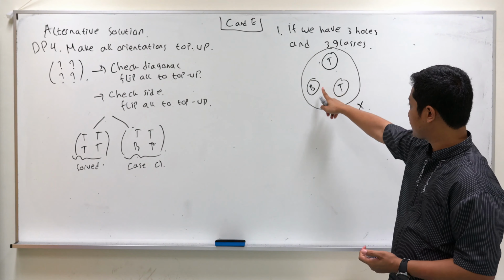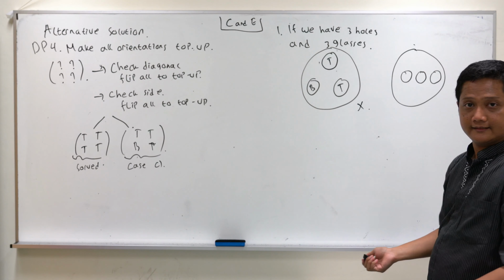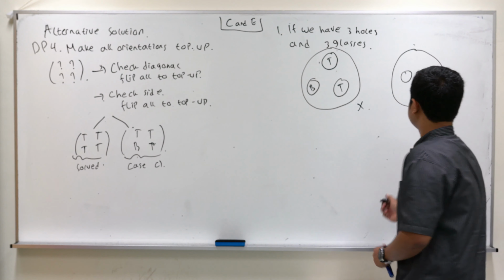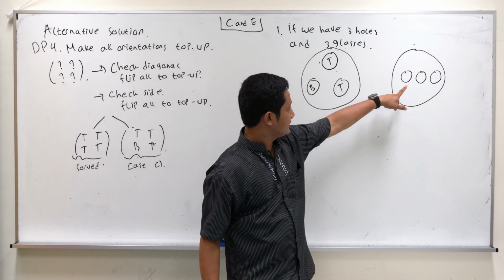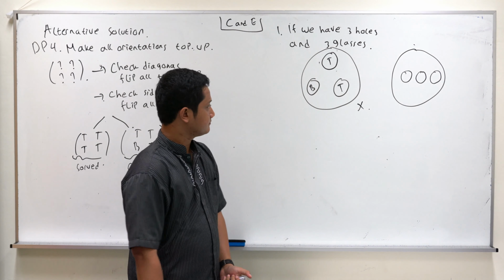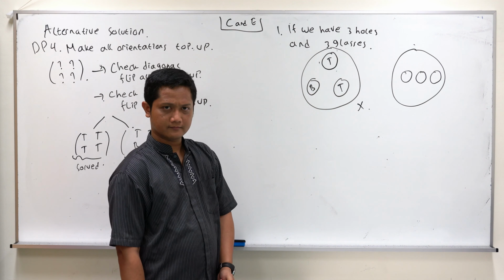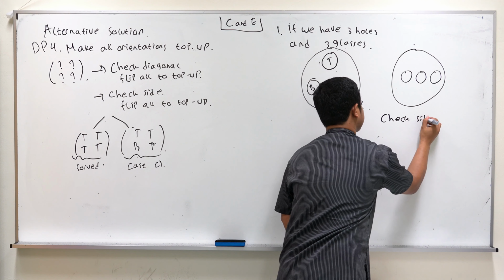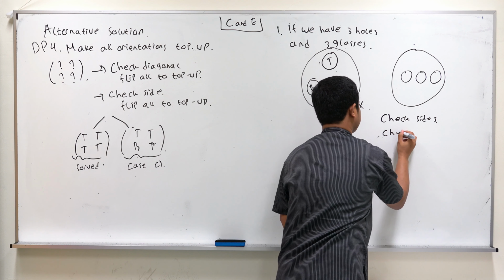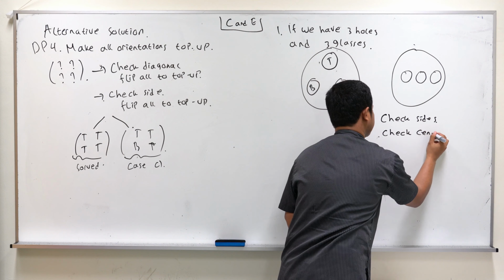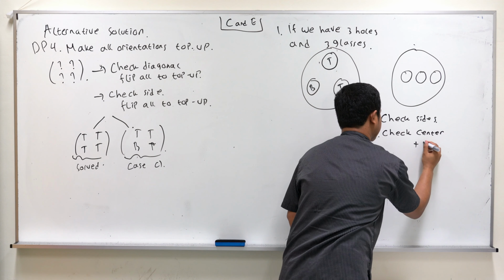But what happens if we have like this? Is it possible? If we have this arrangement, is it okay? Yeah, of course, because we can check sides and check center plus one side.